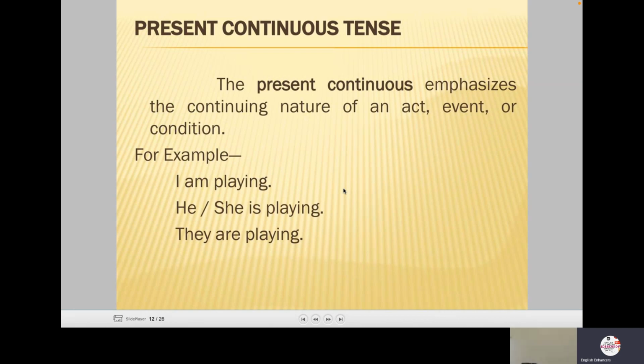So ing emphasizes यानी कि उस पर ज्यादा प्रभाव डालता है. Continuing nature, कार्य का जो action हो रहा है उसका nature कैसा है? Continuous, हो ही रहा है, खत्म होने का नाम ही नहीं ले रहा. So I am playing, she is playing, they are playing. हम जैसे कुछ कर रहे होते हैं, अभी आप class ले रहे हो तो आपकी mama बोलेंगी, he is right now taking a class. So that's like he is right now busy.